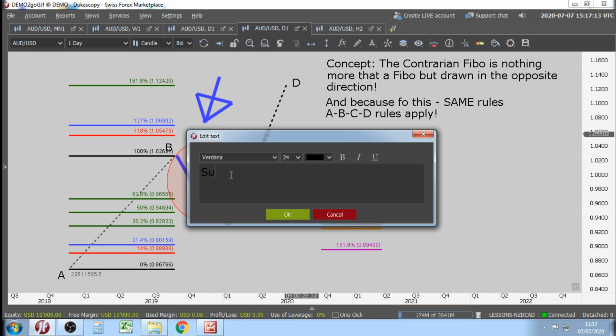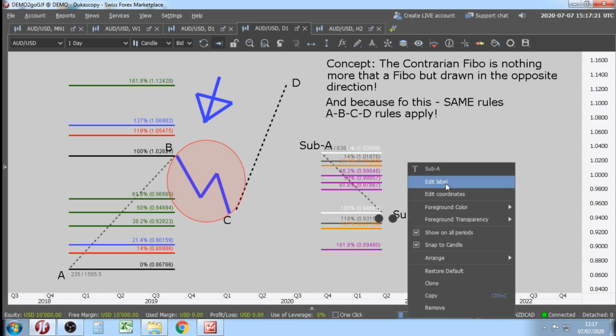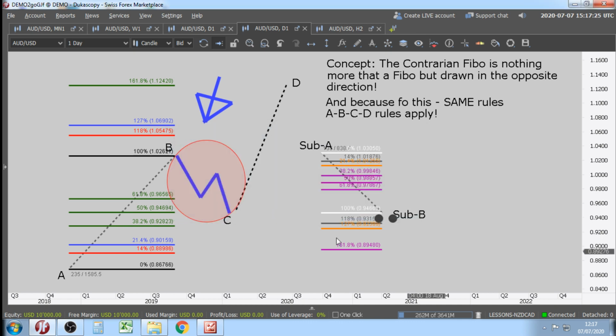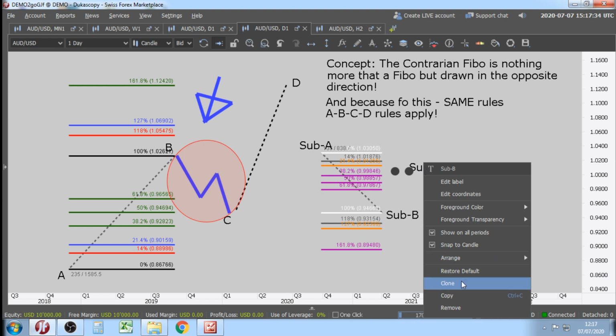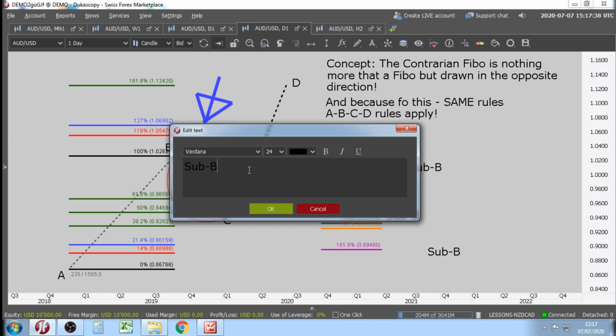I'm going to have a sub A here, and a sub B. You can name it also 1, 2, 3, 4. It's up to you, everybody. Somewhere in between the sub A and the sub B is going to be the sub C.